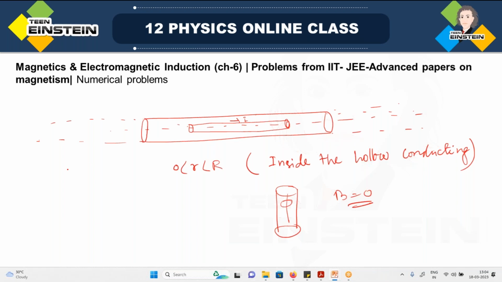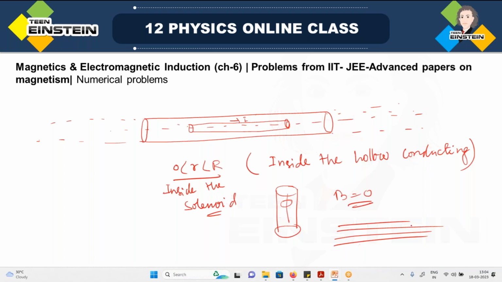But what about the solenoid? The whole region is inside the solenoid. The magnetic field due to the conductor will be 0, but the solenoid has a field here inside.